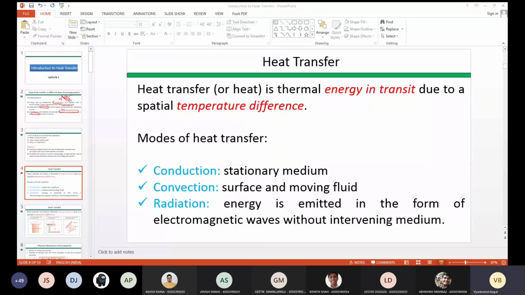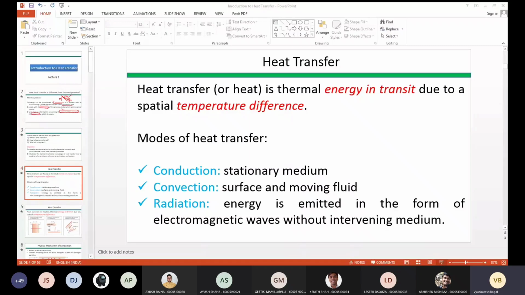Now somebody said that heat or heat transfer is energy, thermal energy, right? And you also mentioned that there is a temperature difference. This is also right. But if you miss this word, then there is no meaning.